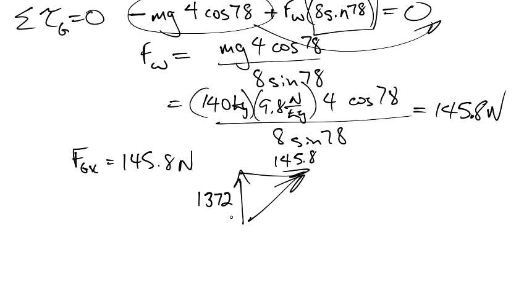We can just go squared using Pythagoras, 145.8 squared, add them, and then take the square root, and we get an answer of, for FG, the hypotenuse, 1,379.7 newtons, and that's going to equal FG. No subscript there, that's just FG. But now we need to know the direction of FG.